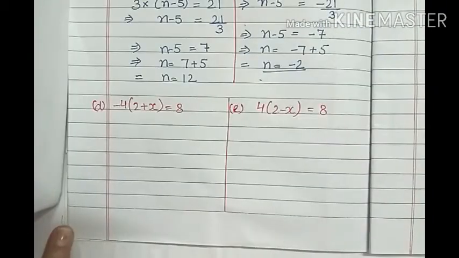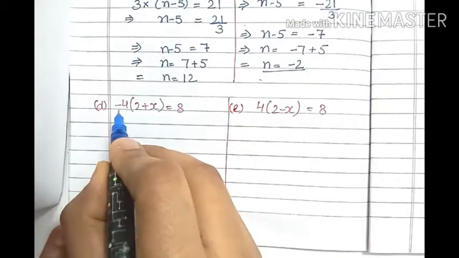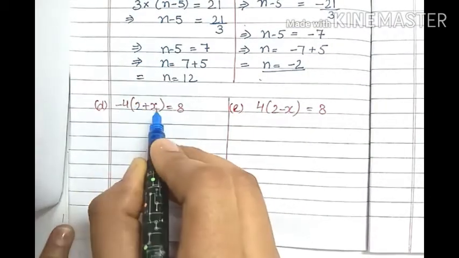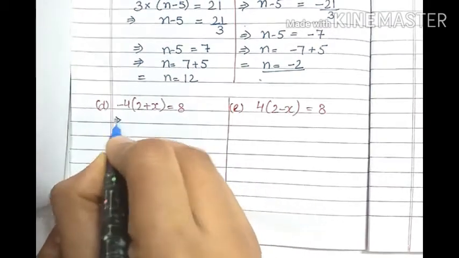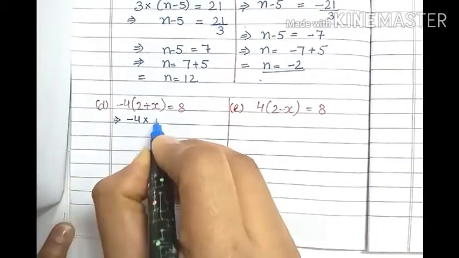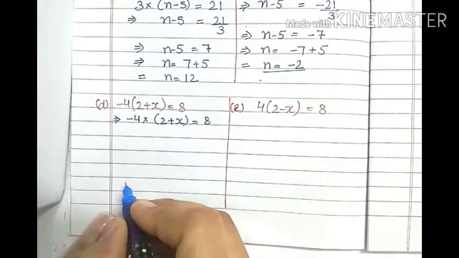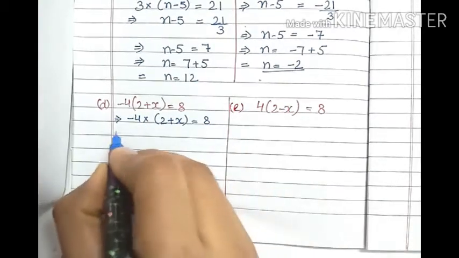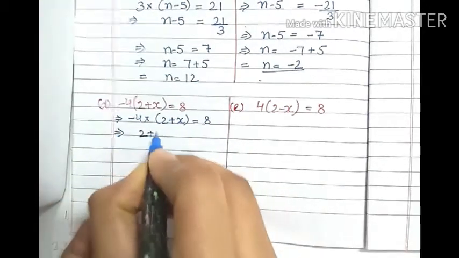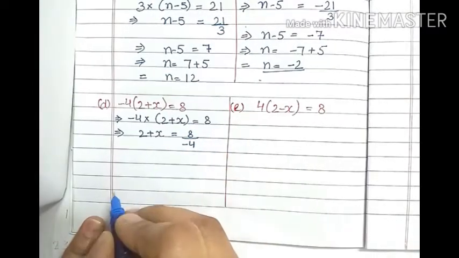Now same way we are going to do D and E part. See the D part. Here it is given minus 4 bracket 2 plus x is equal to 8. Here it means minus 4 is multiplied by this bracket. Same way we will transpose this minus 4 to the right hand side, and then what will come? 2 plus x, 8 upon minus 4.